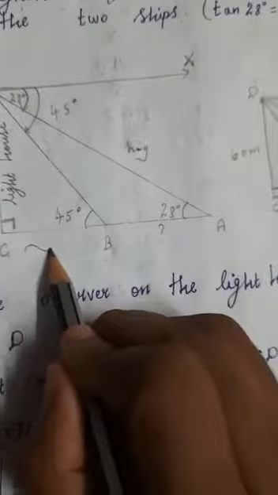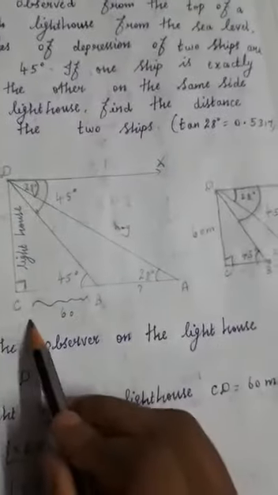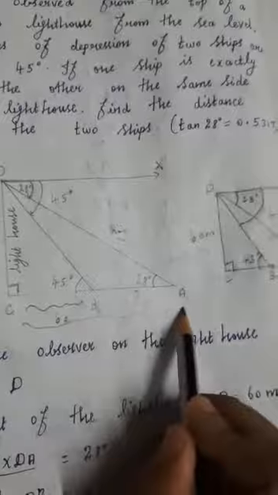Okay, so now see here, this BC length we have got it. BC, from the first triangle we have got it, that is 60. After this, the full length AC also we have got it, AC is equal to 112.85.